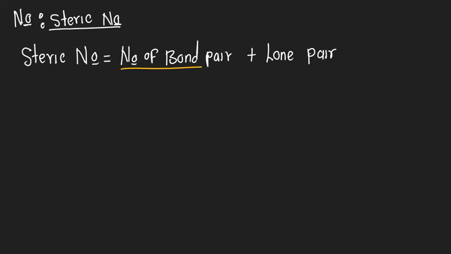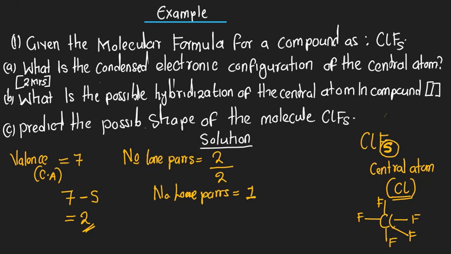Remember, the steric number. So you take the same number of bonds, the 5, because we have 1, 2, 3, 4, 5. So 5 plus the number of lone pairs, and that is going to give you 6. So this is the steric number based on the formula.